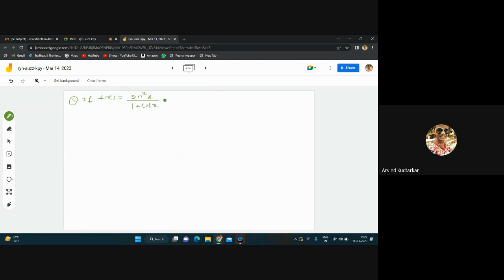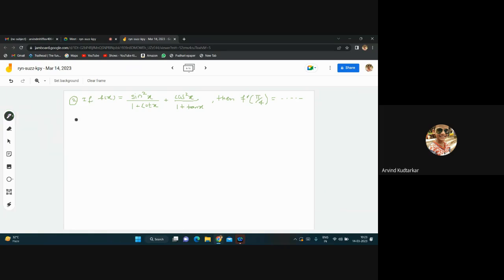Here in this function, we should not apply the product rule or division rule directly to get f dash of x. We have to simplify the function and write it in a single form. You may think the function is lengthy, but no, it's very simple.